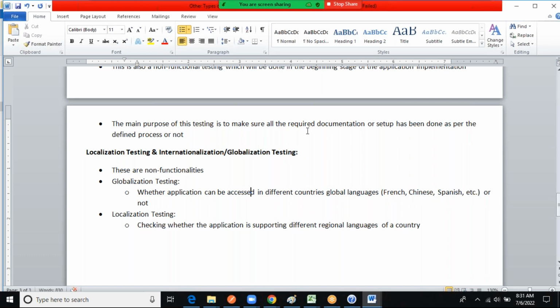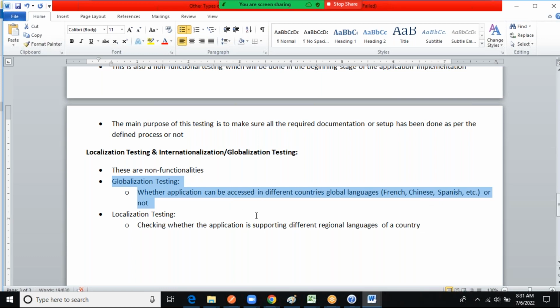If they want to reach rural areas and regional people who are not highly educated, they have to support local languages. And if you are targeting different countries across the globe, you need to support those countries' languages also. The business will tell us.